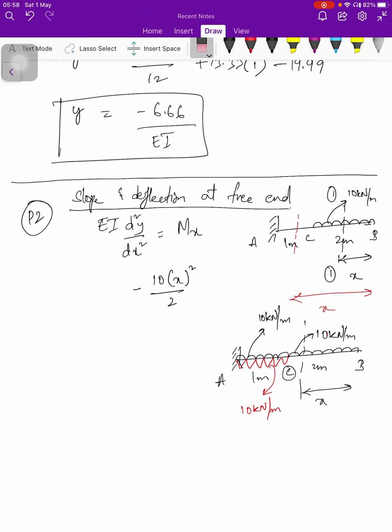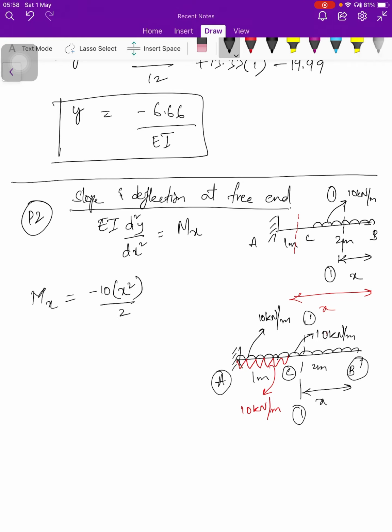What is the equation for moment I have? Mx is equal to, see here, section 1 is at a distance of x from the free end B. This is your free end B. Mx is equal to minus 10 into x square by 2.